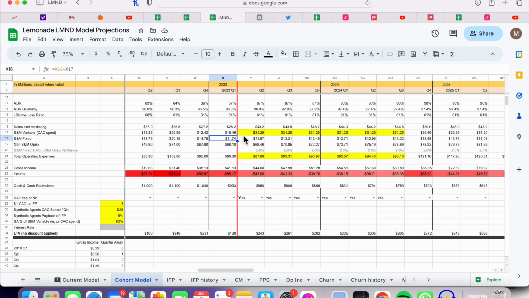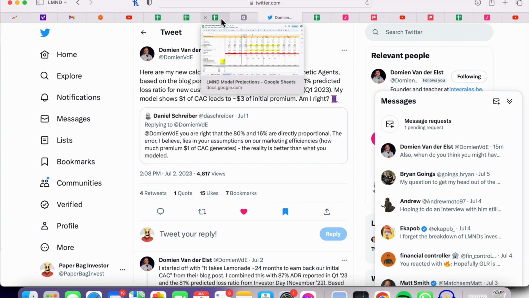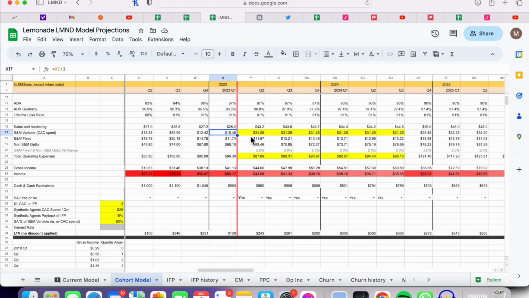I also calculated in previous quarters, and Demeen and I are going to do a video showing the breakdown of some of these equations, but he proved, and I think his proof is right, that approximately $1 of CAC spend, which I call variable CAC spend, like ad campaign spend, turns into $3 of premium.